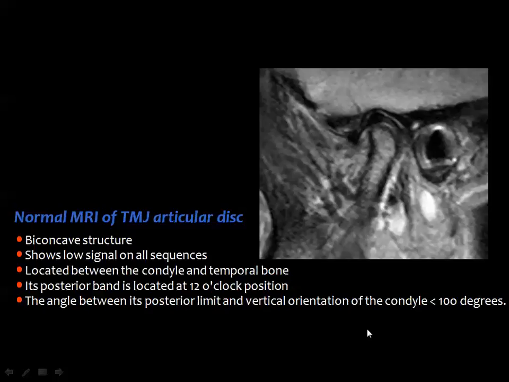In the closed mouth, the narrow part of the disc, or the intermediate zone, should be located between the head of the mandible and the articular eminence. After opening the mouth, the disc will move anteriorly so that the intermediate zone will also be located between the head of the mandible and the articular eminence in normal conditions.